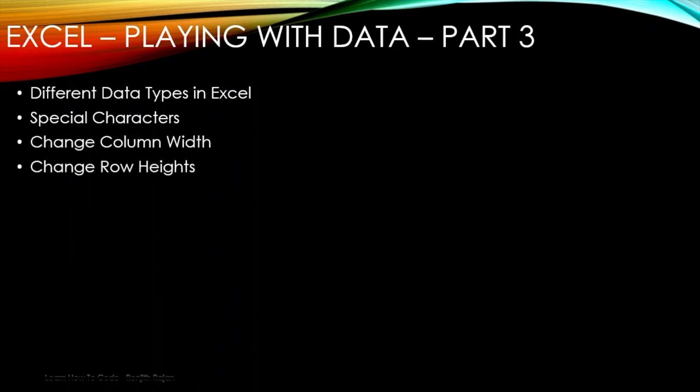Then there are special characters, how to change the column width, and then how to change the row height, because sometimes in day to day work with Excel, you need to know all these things. And then the typing mistakes that normal users make, and how we correct them. And then we have some shortcuts to correct the data that we enter in Excel.